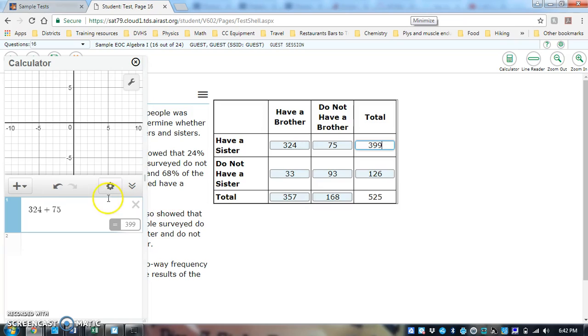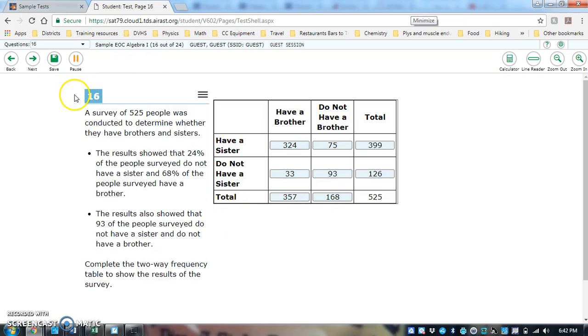And if 399 people have a sister and 126 do not have a sister, that sums to 525 people. So that is my completed two-way frequency table, converting percentages into whole values by taking the percentages, dividing by 100, and multiplying by the total values.